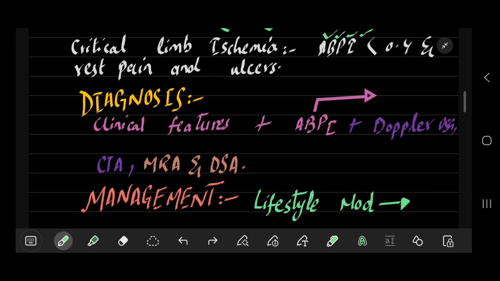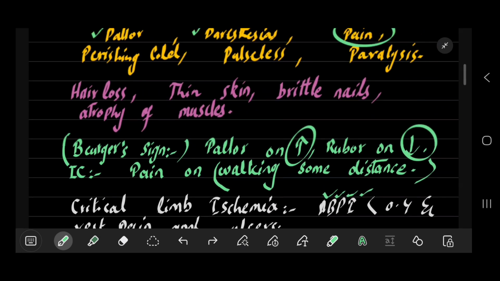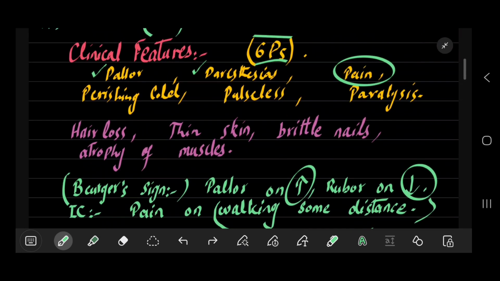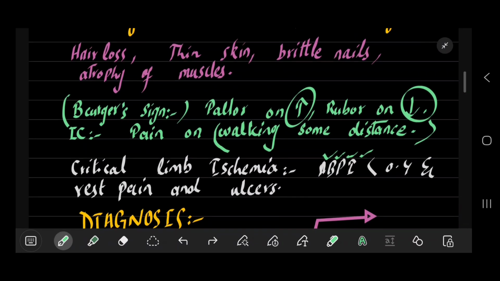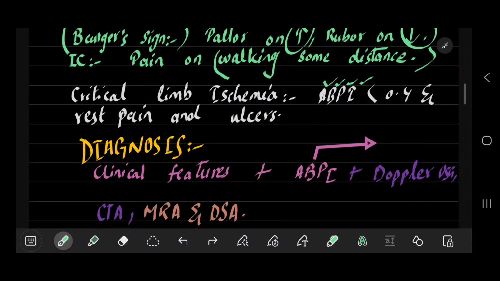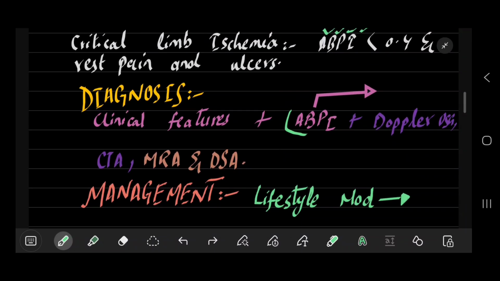How do you diagnose peripheral arterial disease? On the basis of clinical features, like I have told you here: the 6 P's, hair loss, thin skin, brittle nails, atrophy of the muscles, and Buerger's sign. Also, you should check the ankle-brachial pressure index, and you should do Doppler ultrasonography, CTA, or MRA, or in case of tibial artery involvement, you can go for digital subtraction angiography.